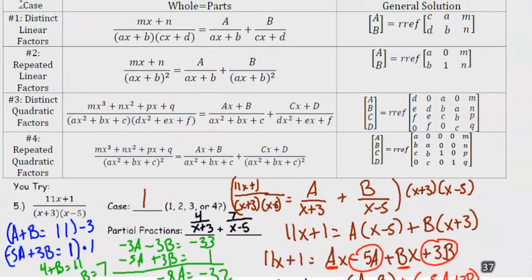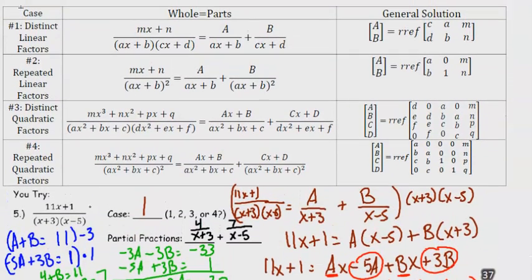Before moving on, let's look at the other way we could do that with the matrices. So, from number 5, m equals 11, n equals 1, a equals 1, little b equals 3, c equals 1, and d equals negative 5.